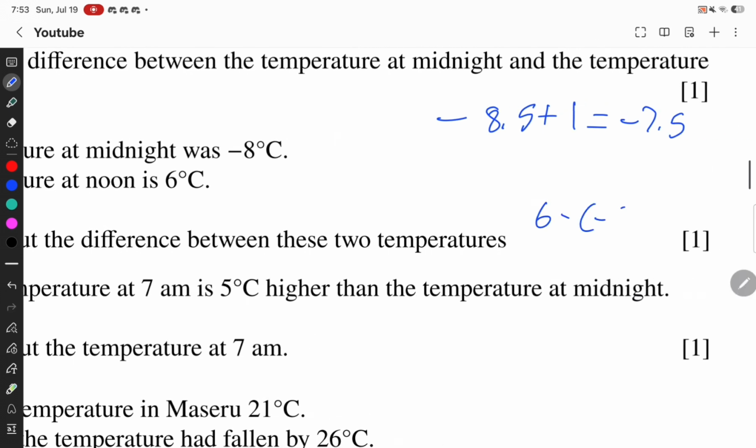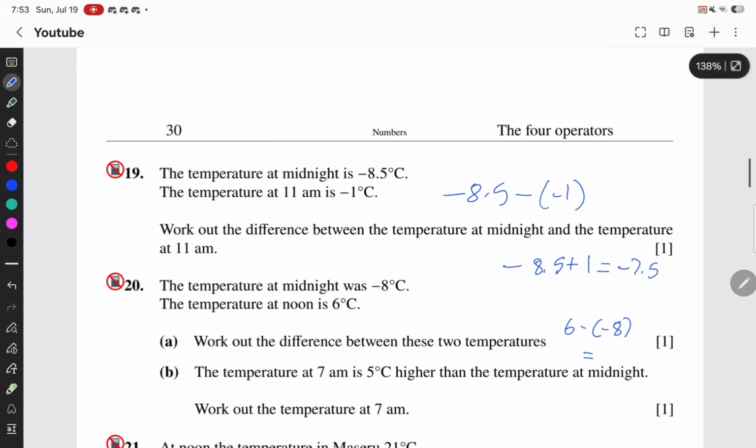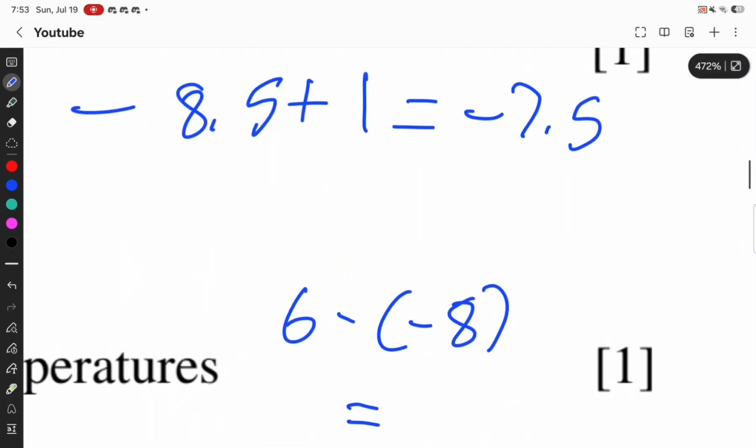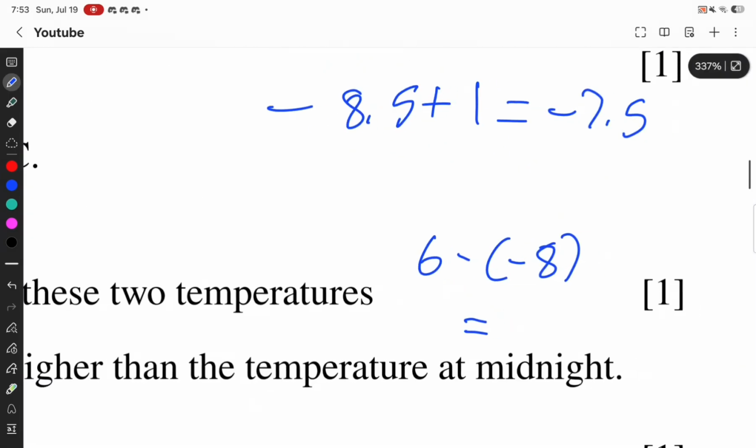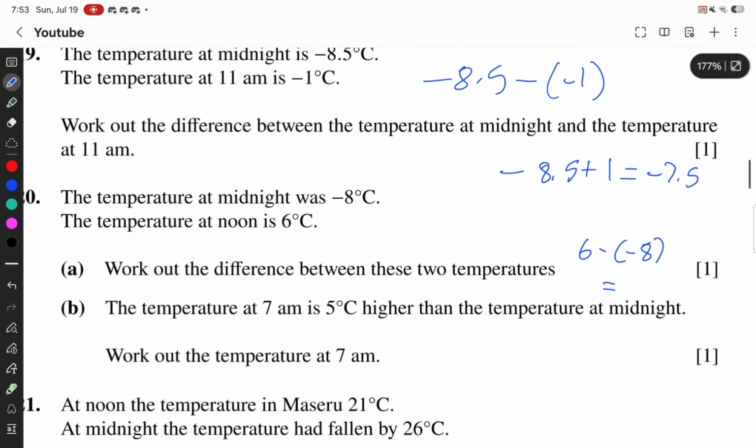This is 6 minus negative 8 is equal to 14. You might be wondering, why did I not do negative 8 minus 6? It gives us negative 14.